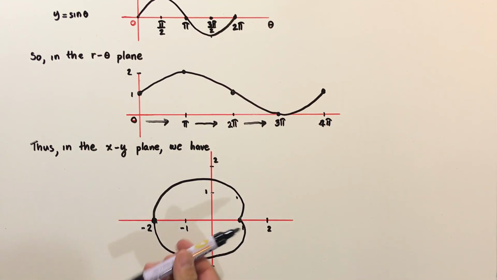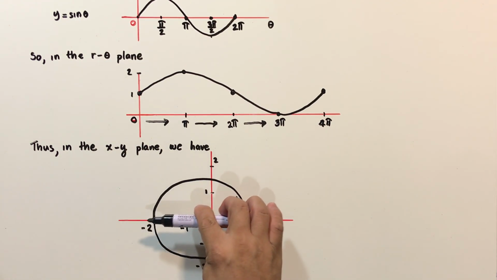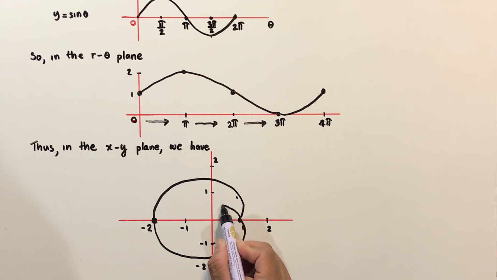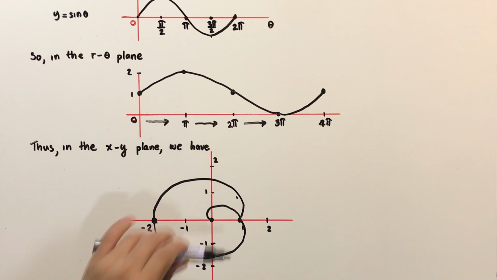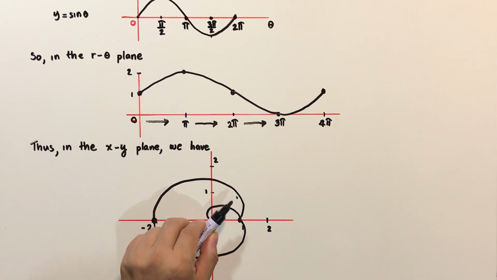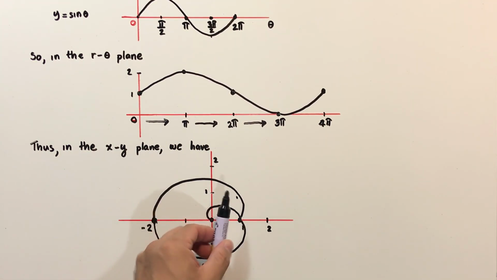So again, this is our 2 pi, and then you move to your 3 pi. So the radius is from 1 and then moves smaller to 0 here. So look at the radius. The radius is 1, but it continues to decrease as the angle theta moves from 2 pi to 3 pi.